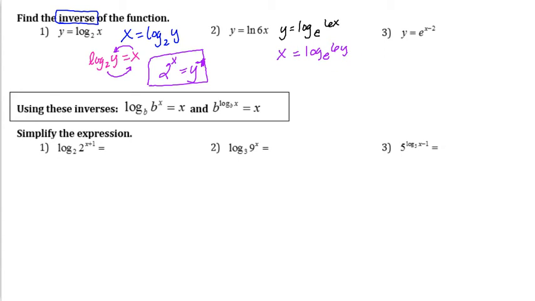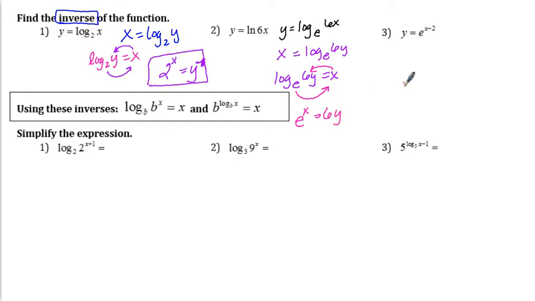If you need to, you can rewrite this with the x on the other side, just so you can look at it the way we have been. So that way I just swap the sides of the equal sign so that I can use my rule: e to the x power equals 6y.